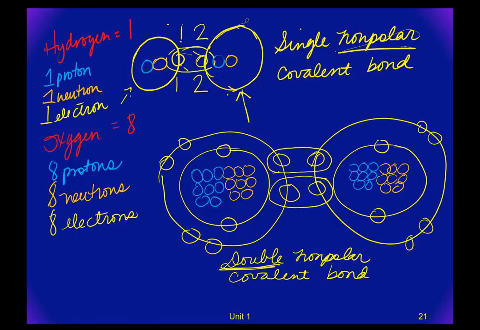Back here, I said that this was nonpolar, and I said this was nonpolar, right? The reason that they're nonpolar is because nobody is stronger than the other. I've got one proton over here and one proton over here. Nobody is stronger than anybody else, so the pull on those electrons is completely equal. I've got 8 protons here and 8 protons here. Nobody is stronger than the other, so the sharing is equal.